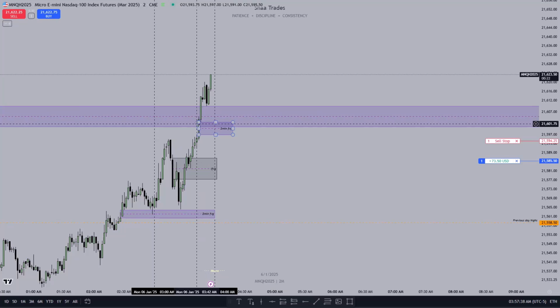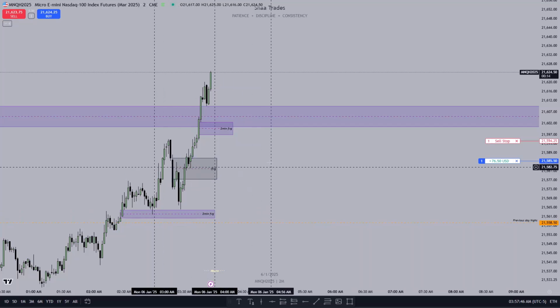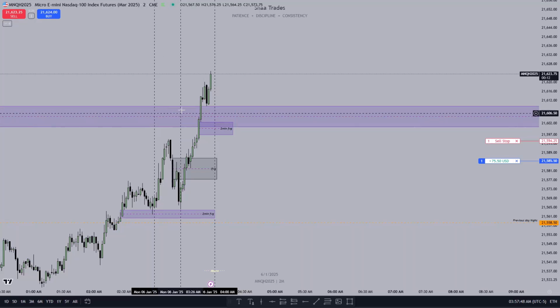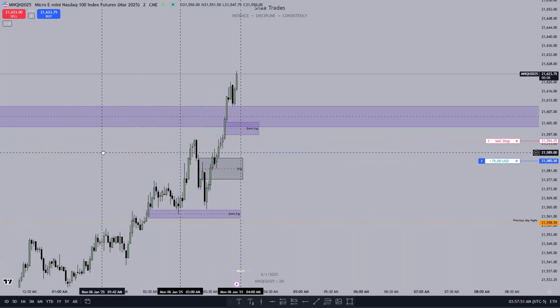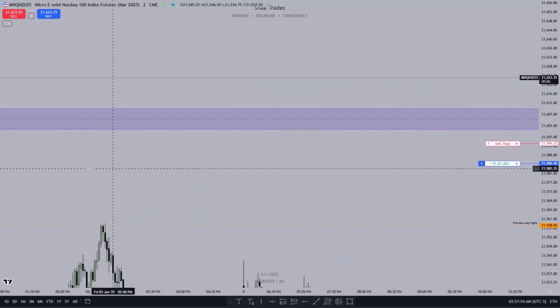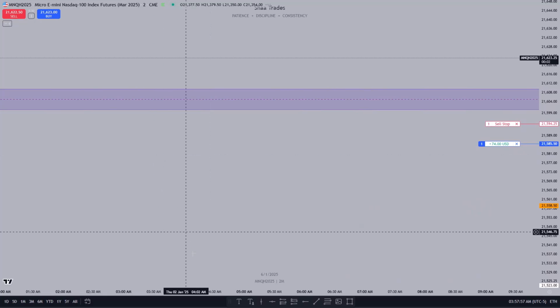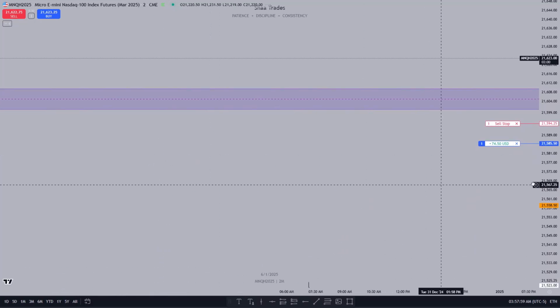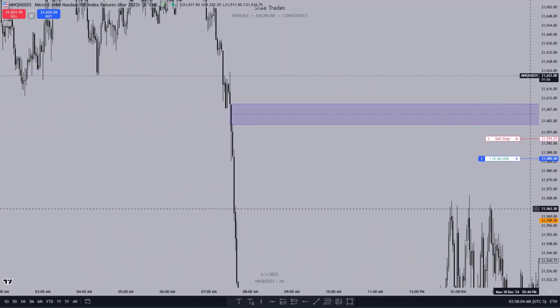Look at this. As I mentioned, I wouldn't take a trade here if I missed anything down here, but look how this fair value gap from the 2 minute that I marked out to the left there, price just goes back towards it. Look at this 2 minute fair value gap here.